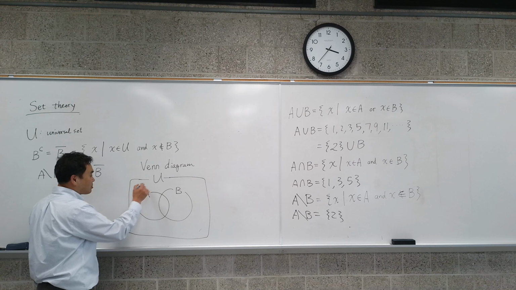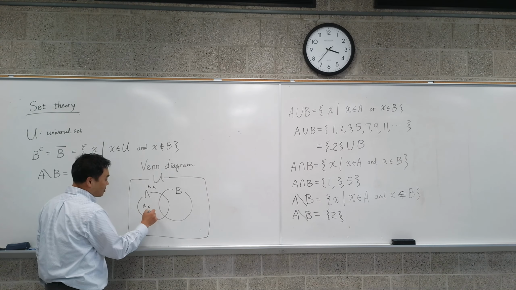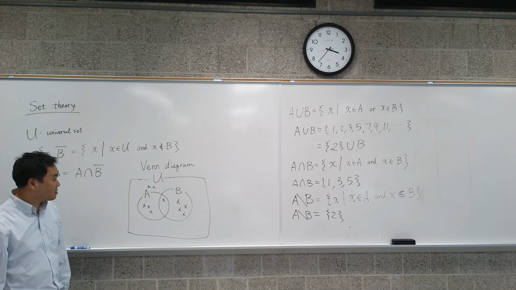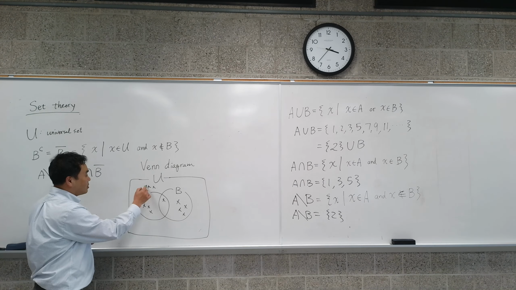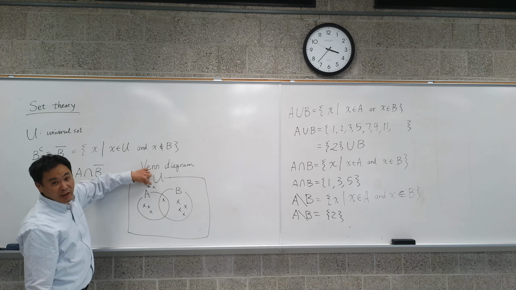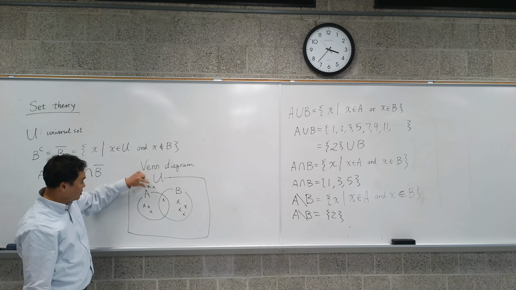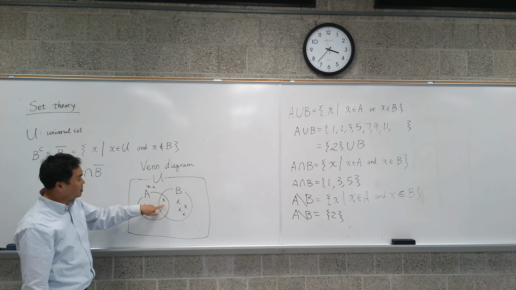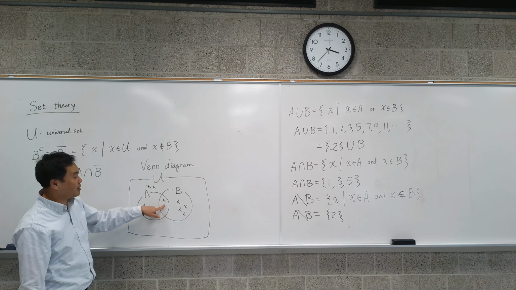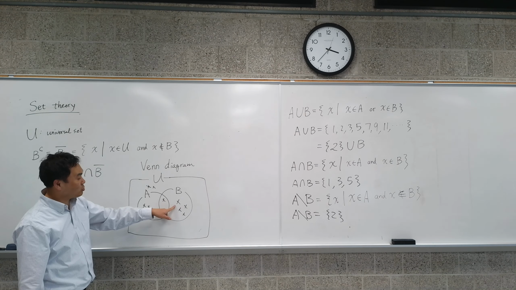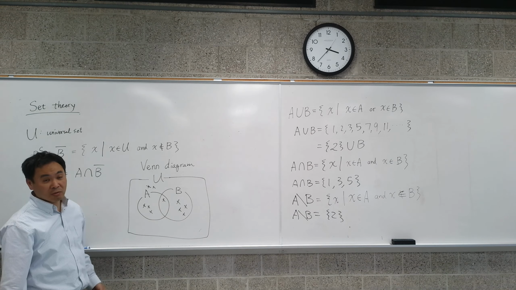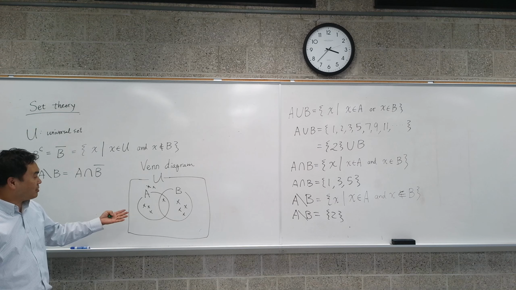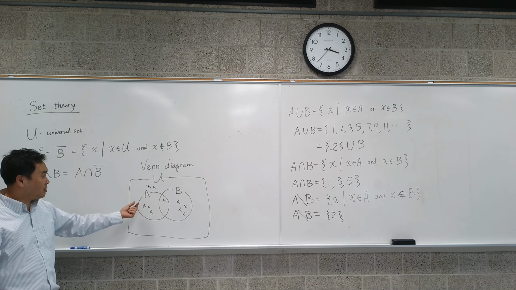So if you had some elements here, some elements here, some elements here, and some elements here, then these are elements that do not belong to any one of A or B. These are elements that belong to A but not B. These are elements that belong to both A and B. And these are elements that belong to B but not A. So this Venn diagram captures all possible ways that a member could be in, right?